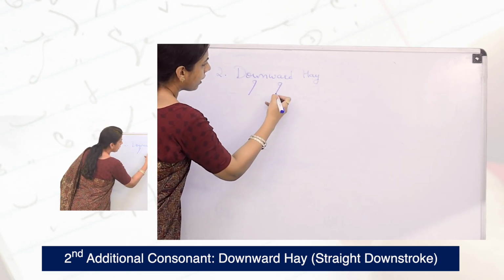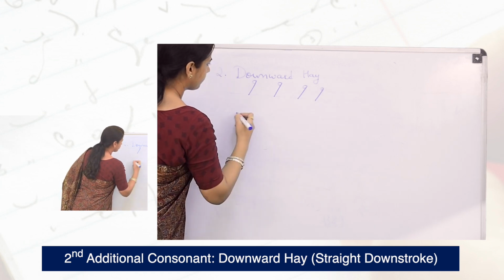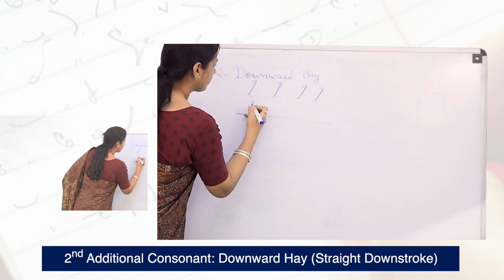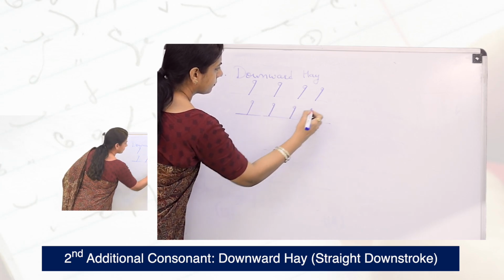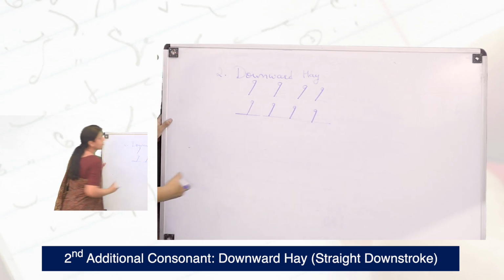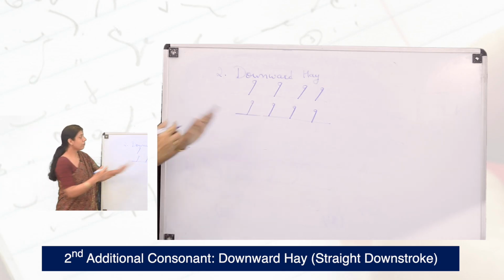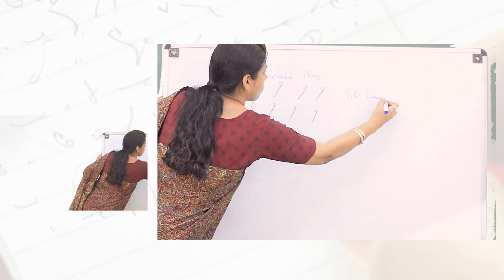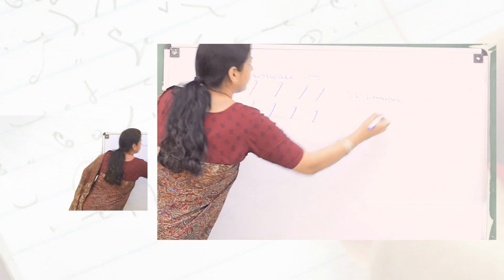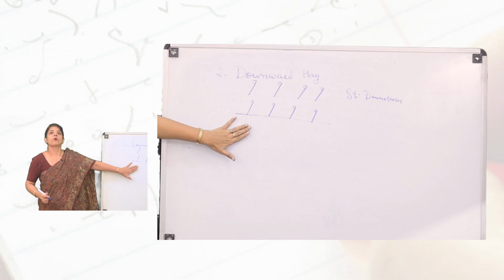This is the outline for downward He. So this basically comes under the categorization of straight downstroke, as again it is a straight line from top to bottom.